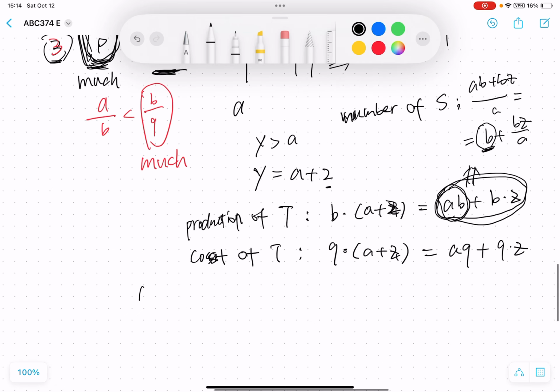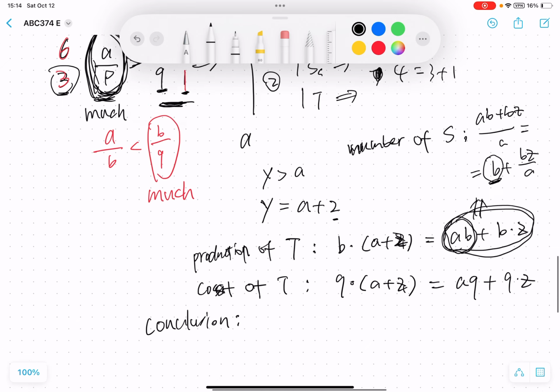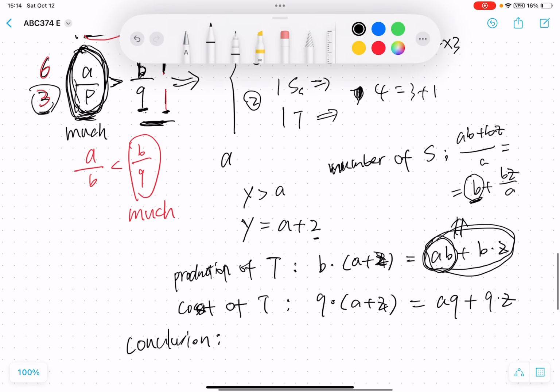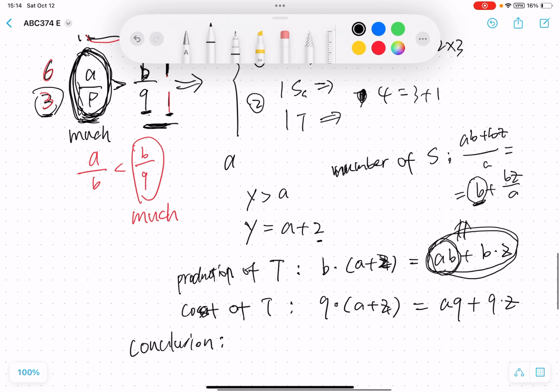So the conclusion of this part is there is a limitation on how much of the non-best machine we should buy.